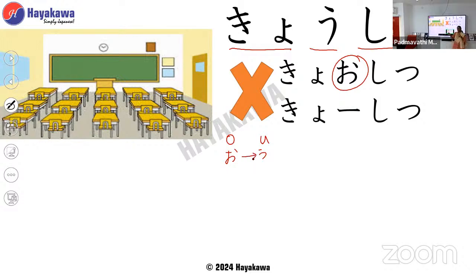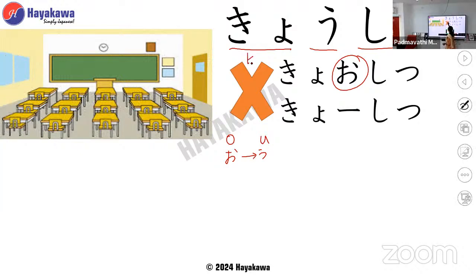So, oto-san, O will be there, but O we will not put. We will put U. Similarly, here also. So, kyoshitsu will be classroom.